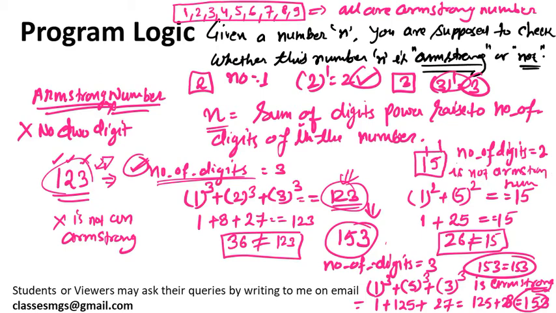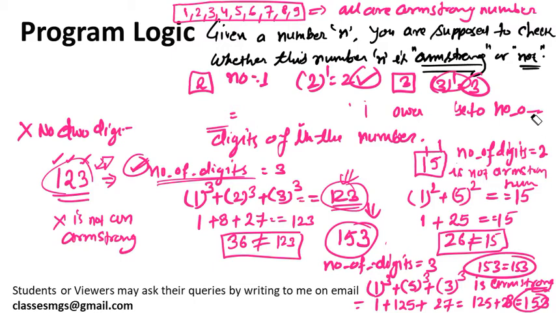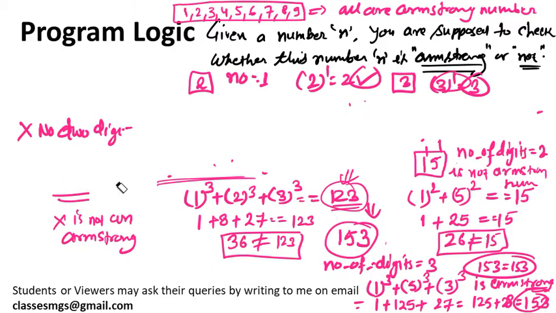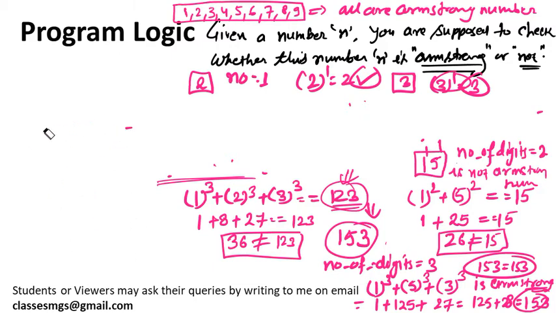Okay, so let's try to build the logic for how you can calculate the number of digits in a number. I am going to discuss a Python program now, because I have already told you what an Armstrong number is. An Armstrong number is a special number in which the sum of each digit raised to the power of the number of digits is equal to that number only.